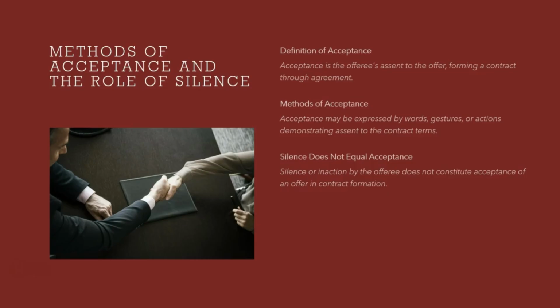They could say it, they could make a gesture, maybe nodding their head up and down or something like that, or take action. It could be actually doing the requested act or something like that, but they have to do something. Silence does not count as acceptance, so just being silent when someone makes an offer to you to enter into a contract will not count.